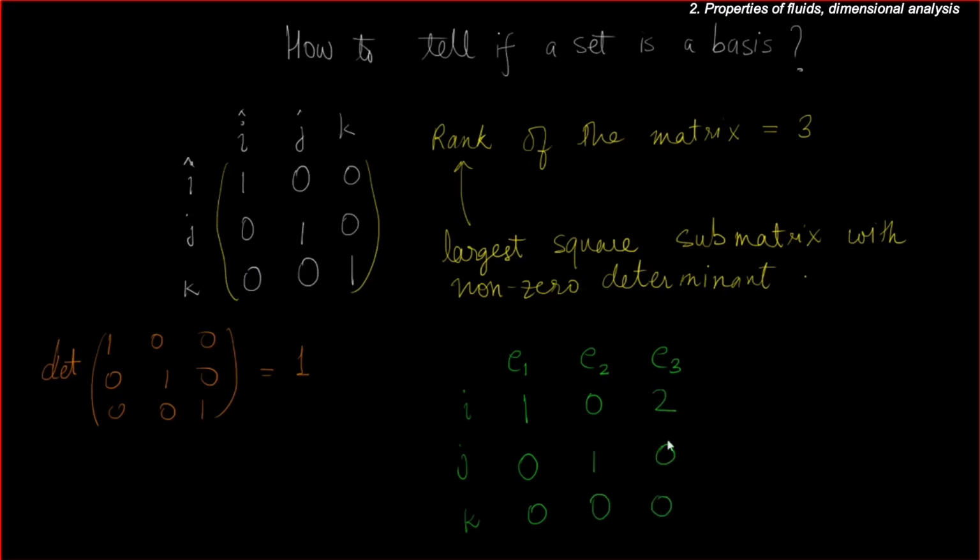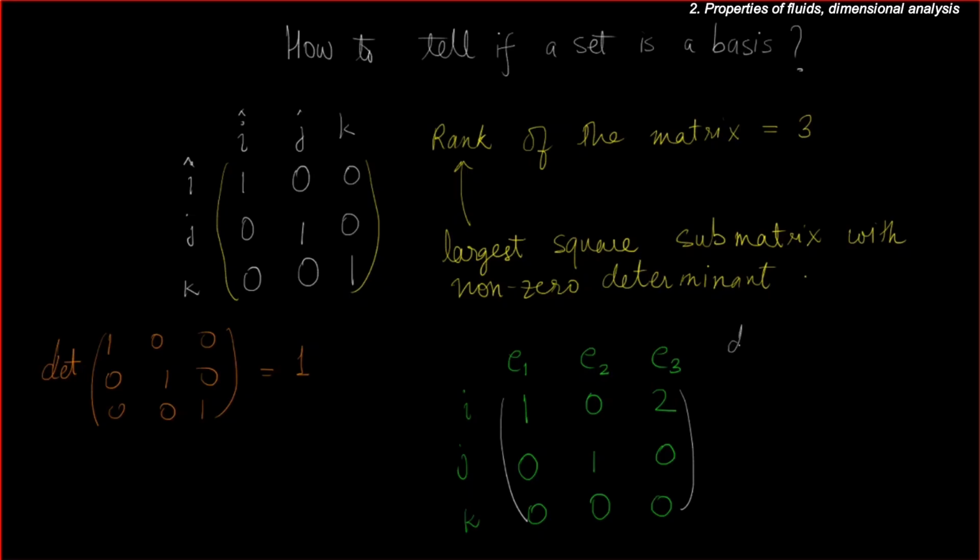Just by inspection, we can say that e3 is twice e1 plus 0 times e2, meaning that e3 is a linear combination of e1 and e2, and hence e1, e2, e3 are not linearly independent.